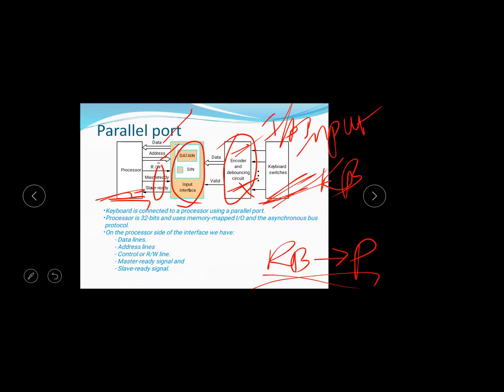To the left hand side it connects to the bus lines, and to the right hand side it is known as the port. Depending on the number of lines, it is a parallel port or serial port. Okay, this is the circuit diagram. Clear?